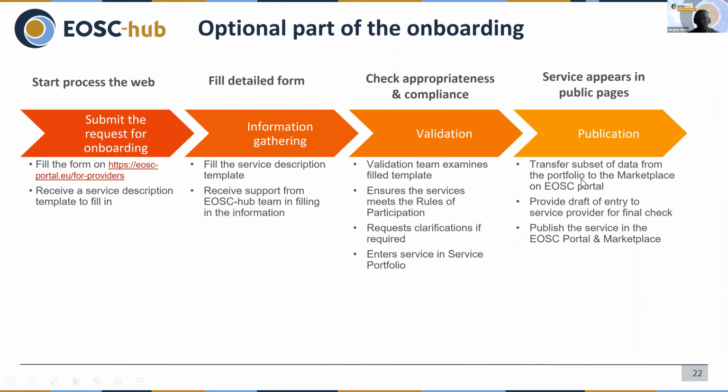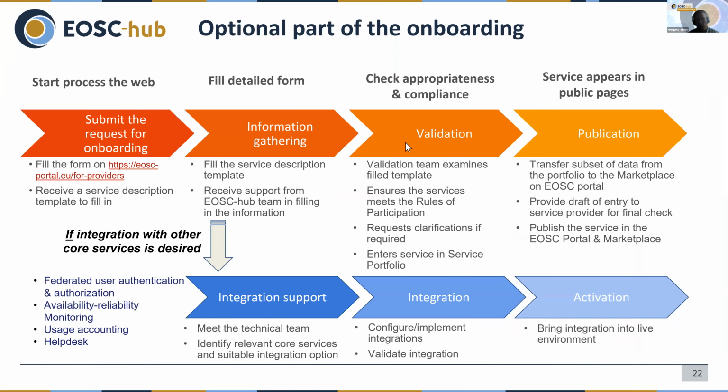So once that compulsory part of service integration or onboarding is completed, there are optional parts that you can move on to. The first optional part is to integrate with additional core services of the EOSC-hub.